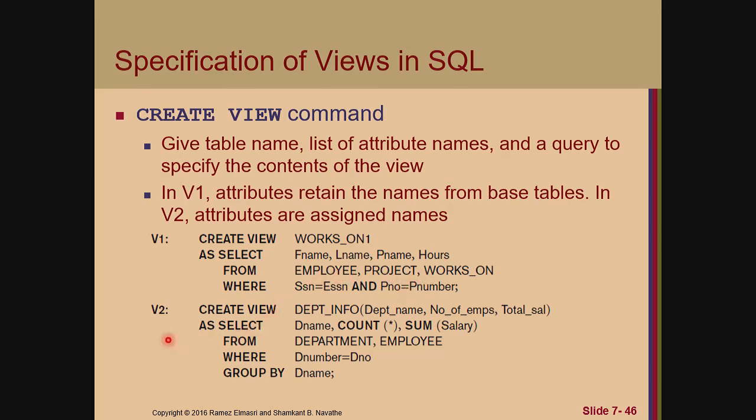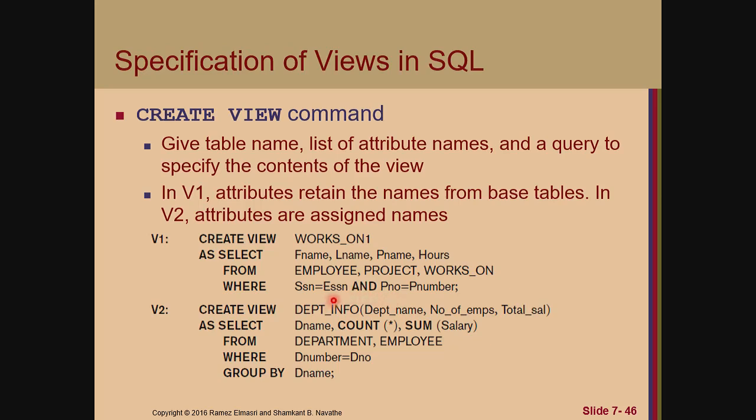Okay, and the other one, V2, create the view. Here is the name of the view, DEPT_INFO, with 1, 2, 3 columns: name, department name, number of employees, and total salary. This one is like an alias name, the new name for the view, only for this view.